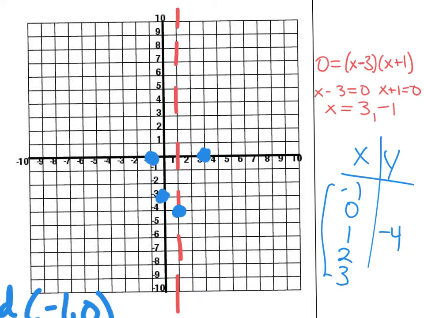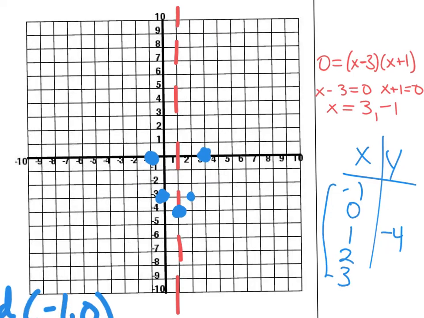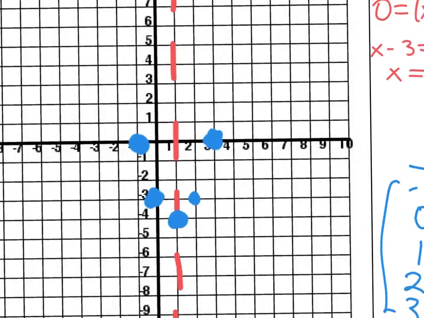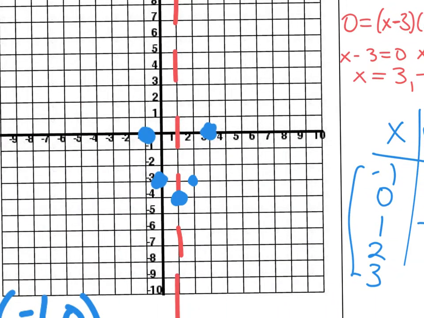What would be a really easy point that I could just put on there without having to do any math? (3, -3), close. (2, -3). Do we see how this is a line of symmetry? Okay? I know we briefly talked about this in our last graphing quadratics lesson, but these points are always going to be symmetrical over this line.